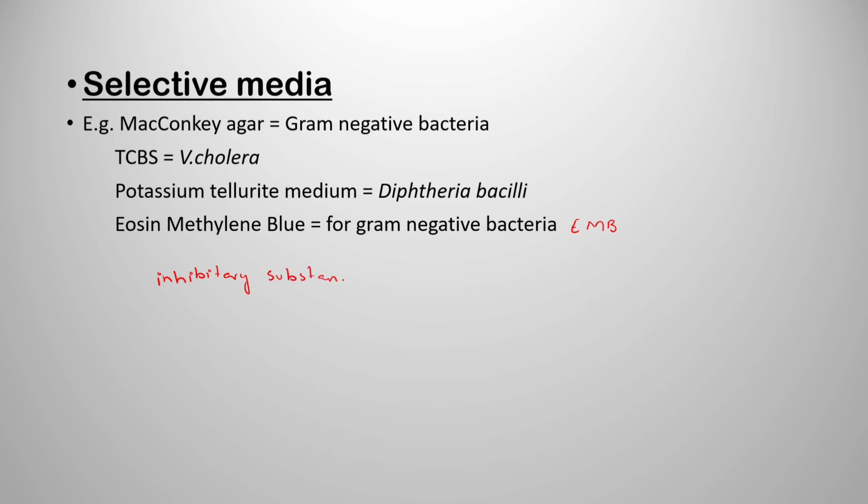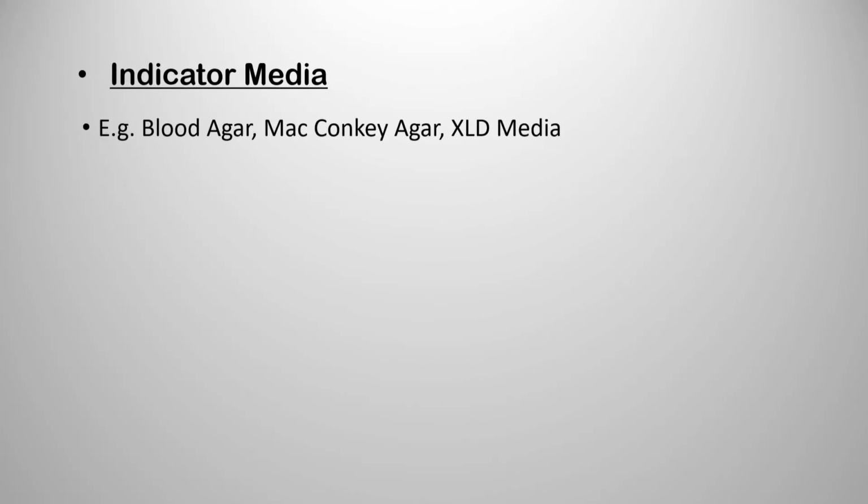The media is mixed or incorporated with some inhibitory substances so that the unwanted organisms cannot grow and their growth is suppressed. For example, when we grow specific media, some unwanted microorganisms can also grow in their media. So, some inhibitory substances are those substances which inhibit the unwanted bacteria.